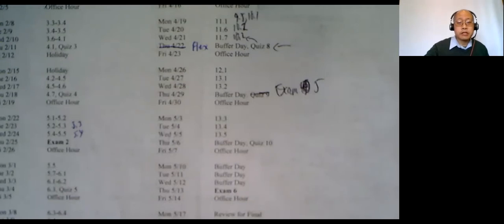Okay, can the final exam be considered one of the dropped exams? No, it's not. Actually, technically, that's not totally correct, but you should not skip the final exam. So if you did well on all the previous exams, you still need to take the final exam. This gets a little bit complicated, but if your final exam turns out to be your worst, you get to drop part of the final exam, but not all of it.